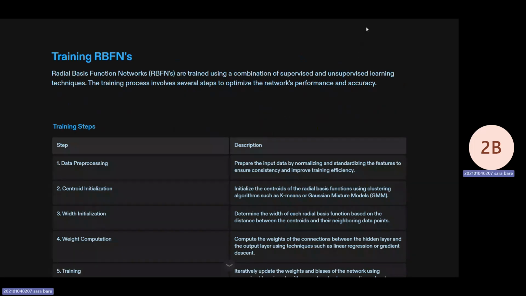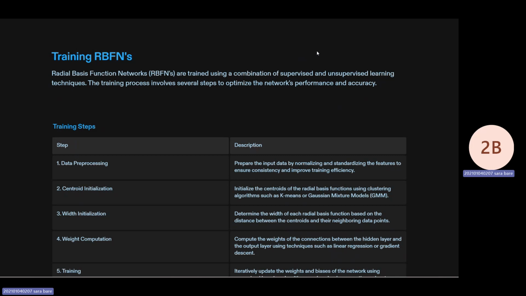Going to the training of radial basis function network. So radial basis function networks are trained using a combination of supervised and unsupervised learning techniques. The training process includes several steps to optimize the performance and accuracy. So, first is the data pre-processing.